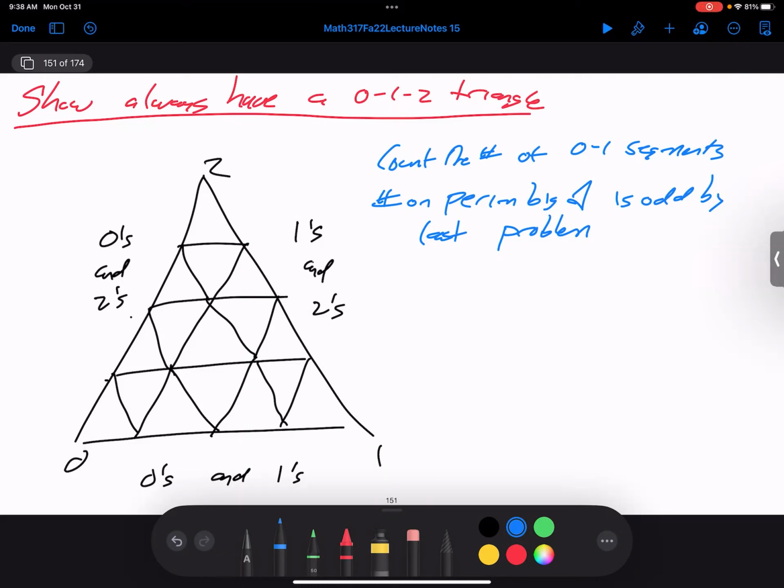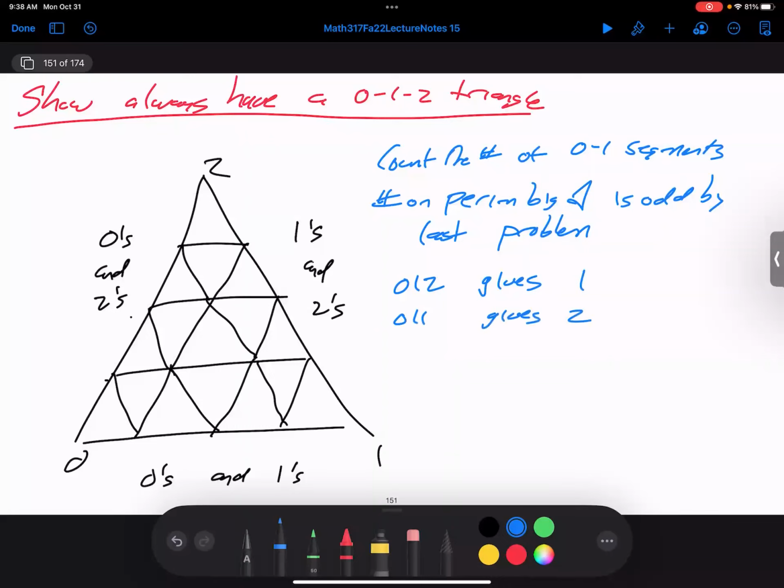Give me a triangle that would have a 0, 1 segment. Give me its labels. 0, 1, and 2. Okay, so 0, 1, 2 gives how many? 1. What else could contribute a 0, 1 segment? 0, 1, 1 gives how many?